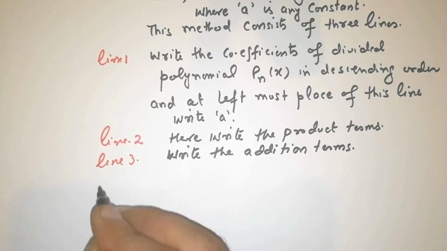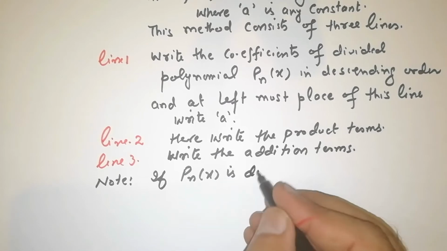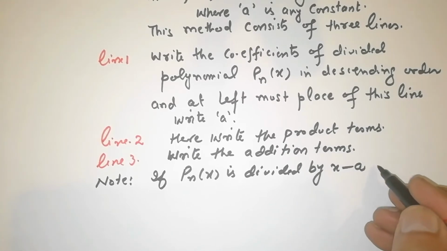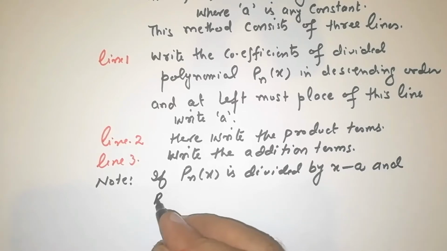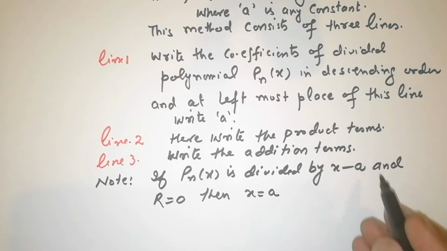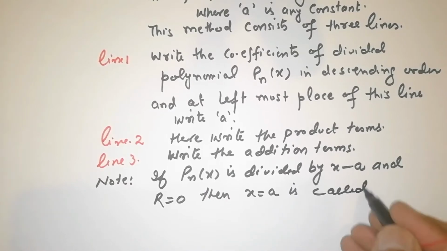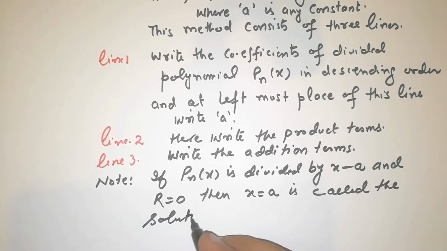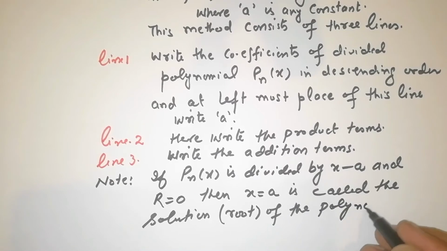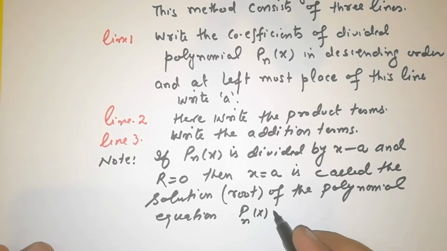Students, one point must be noted here. Note: if this polynomial is divided by x minus a and the remainder is 0, then this value of x, that is x equal to a, is called the solution, you can say the root, of the polynomial equation that is equal to 0.